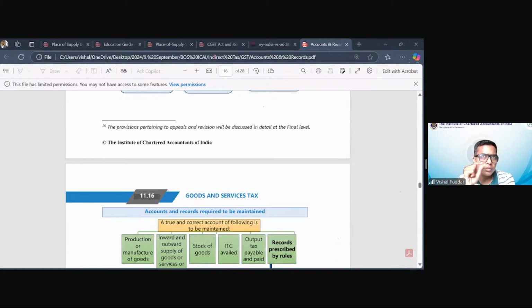So this is how you pass the TDS entry throughout the month. Then in the next month by the 7th, when you have to go and deposit the TDS, all this TDS payable which you had credited, showing it as your liability, will be debited and credited to bank. So the entire TDS of the month will be deposited with the government.